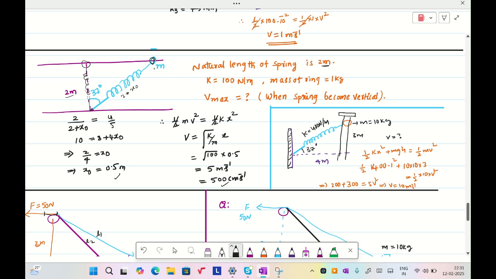So now for this one here, what about the work done by the mg force? Mg and the displacement of the block are perpendicular, so work done by mg is 0. But coming here, this ring is sliding on the support, and natural length of the spring is equal to 4 meters.